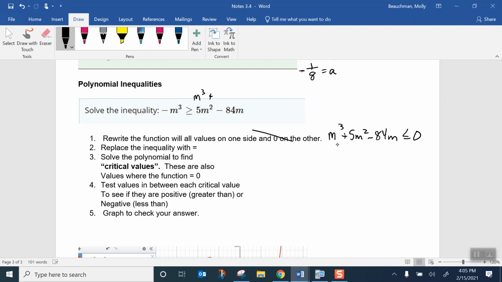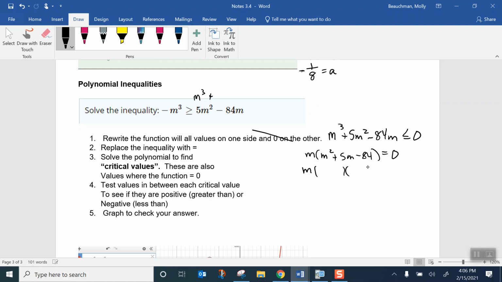I want to deal with a positive m to the third. Okay? So before we deal with the inequality, replace the inequality with an equal sign and solve the polynomial by factoring. So I'm going to factor out an m. I'm left with m squared plus 5m minus 84 is equal to 0.